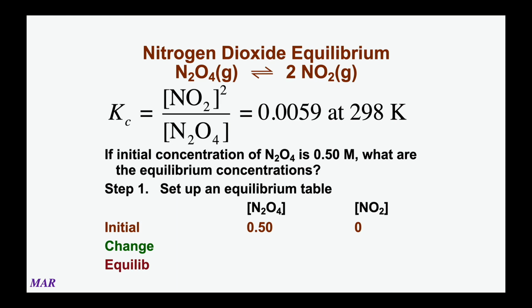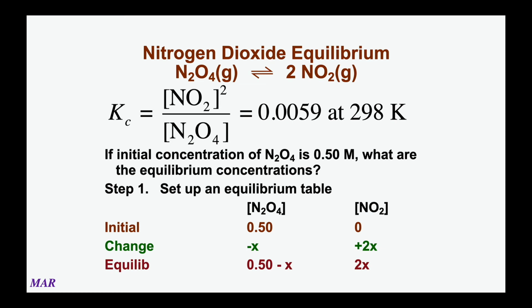Now, N2O4 has a stoichiometry of 1 and NO2 has a stoichiometry of 2. The N2O4 will be decreasing by x. The NO2 will be increasing by 2x, 2 to 1. So at equilibrium, N2O4 is 0.50 minus x, and NO2 is 2x. Remember, equilibrium means you must have reactants and products.